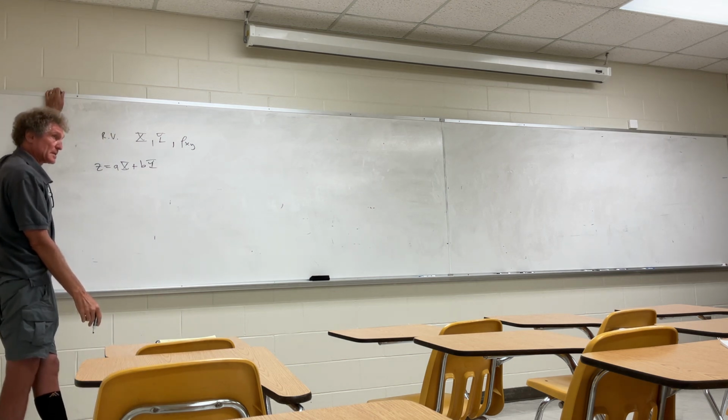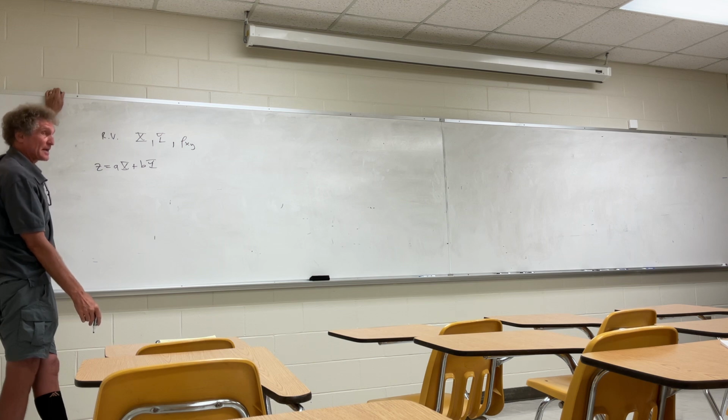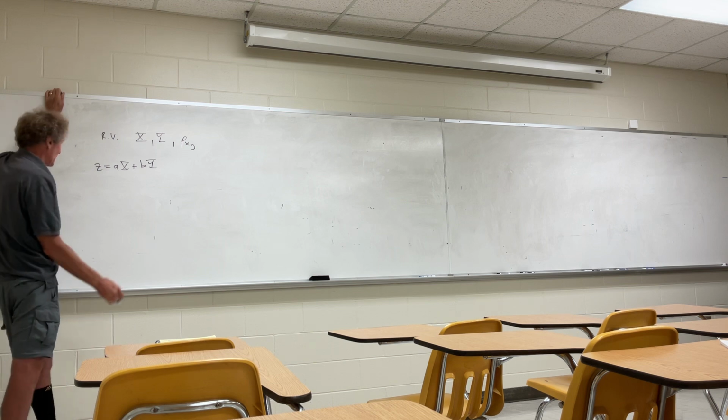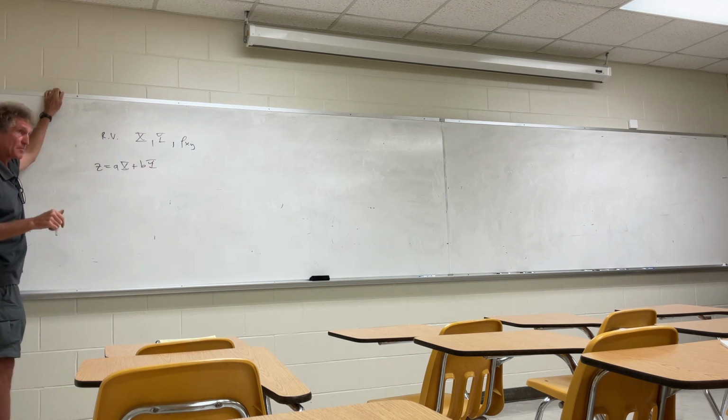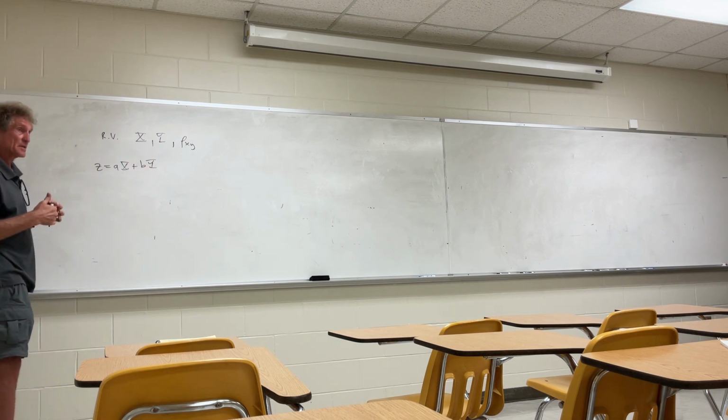Y'all with me? This is a function of both x and y, but it's not just x and y. There's a coefficient. In general, if z is f of x comma y, it gets much more complicated, but I want you to just understand this. Now, a and b are constants.